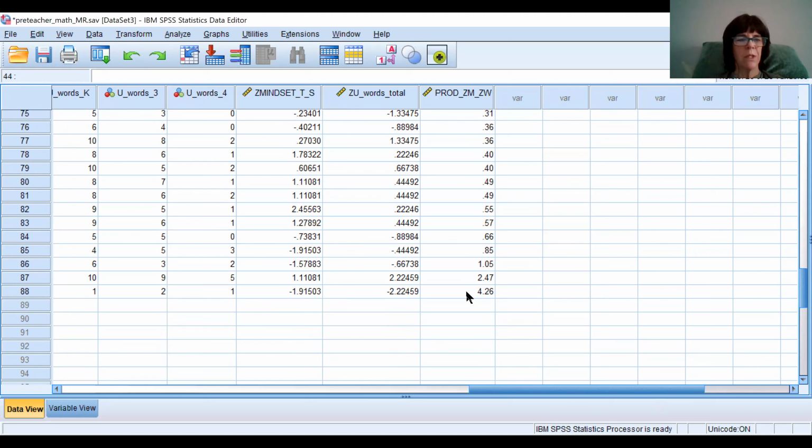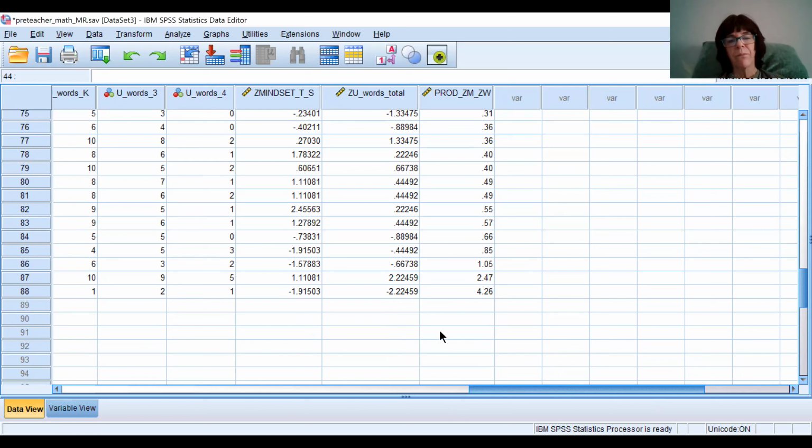So you have one person in this case who is 4 standard deviations above the average in the product. Oh, I'm misspeaking again. We'll never get used to these screencasts. They are 2 standard deviations below average in their mindset, and they are 2 standard deviations below average in their unique word usage.